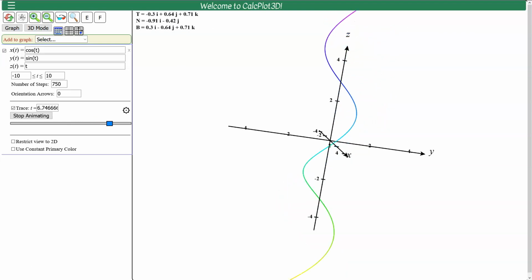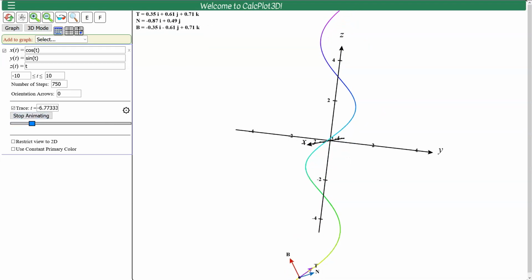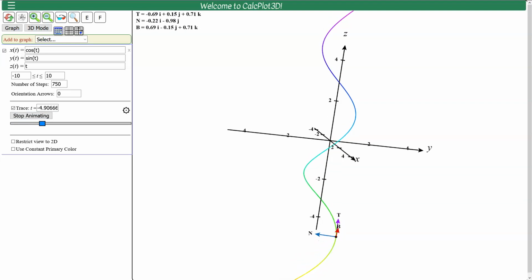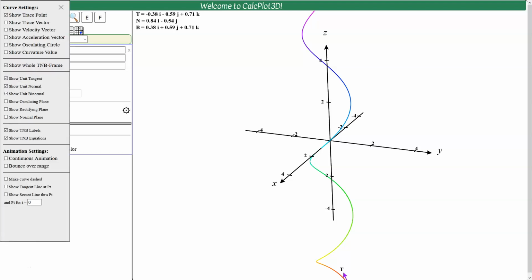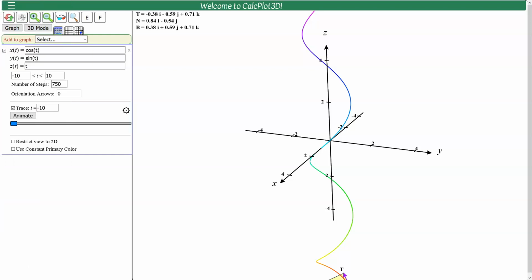Let's do it one more time. And then the binormal is always pointing, according to the right-hand rule, orthogonal to each of those. So it's this 3-dimensional coordinate system that moves along the curve. Let me add the osculating plane, and I think this will give it a little bit more depth, because then you can see how the binormal is perpendicular to that osculating plane.